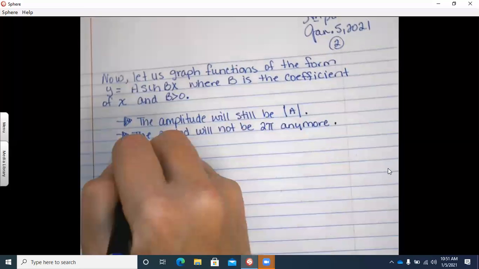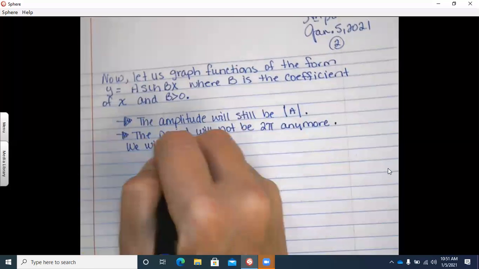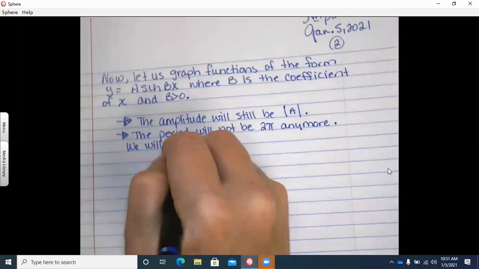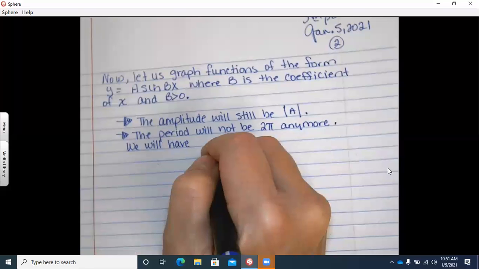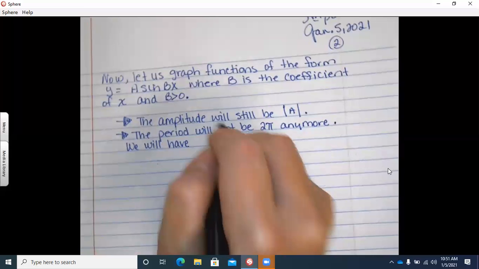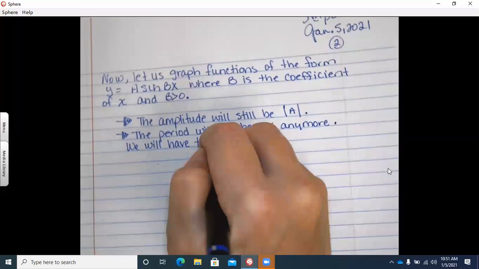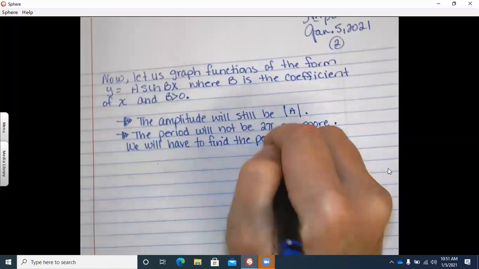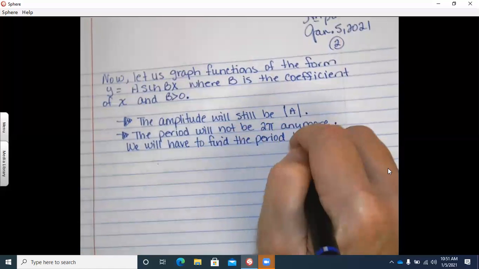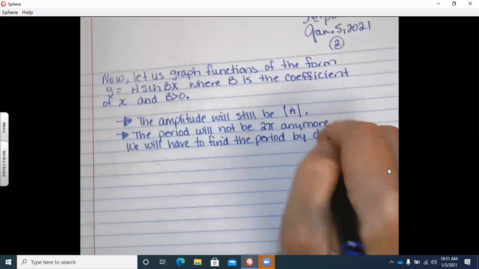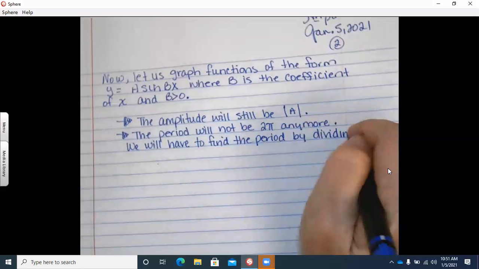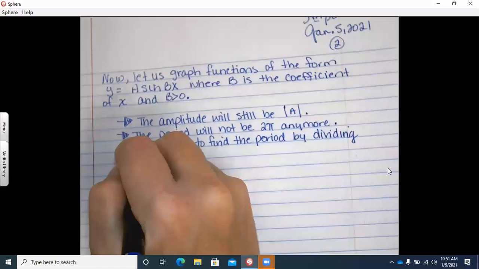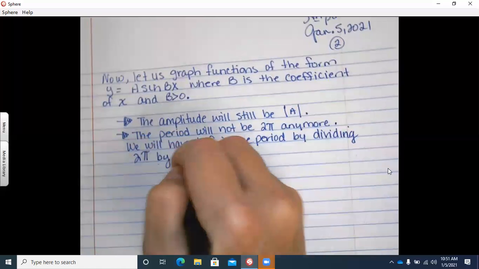We will have to find the period by dividing 2 pi by the value of b.